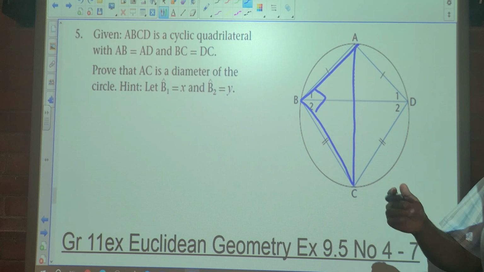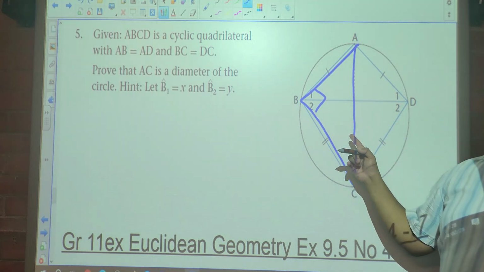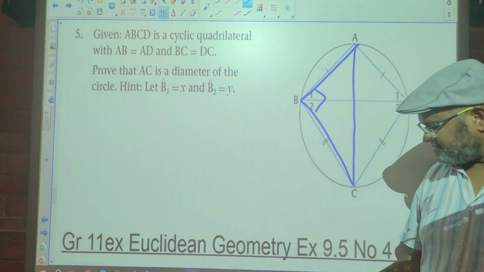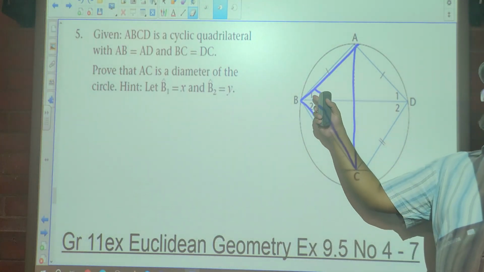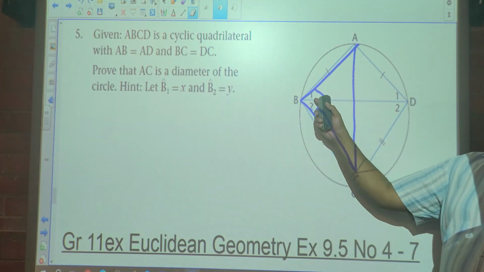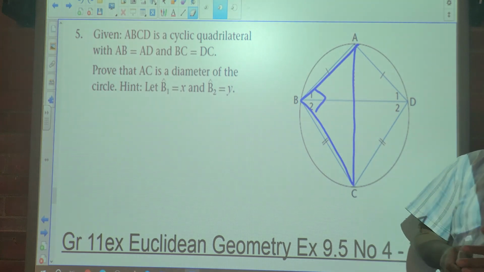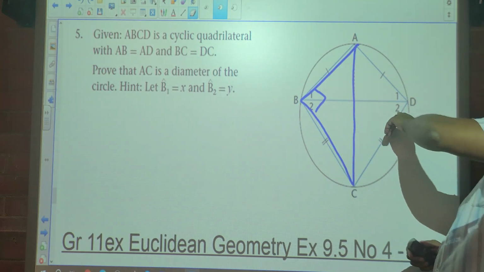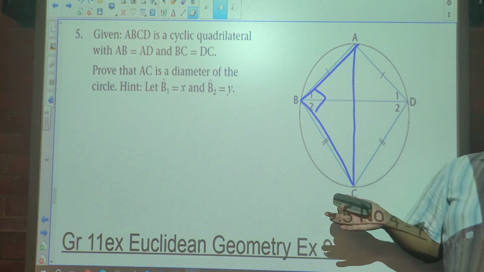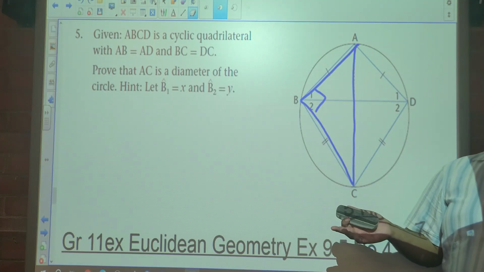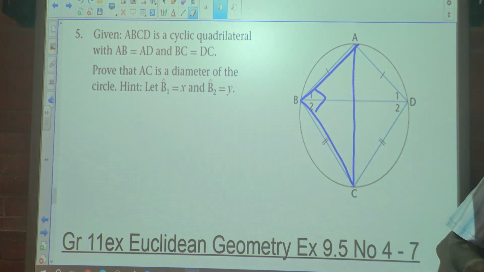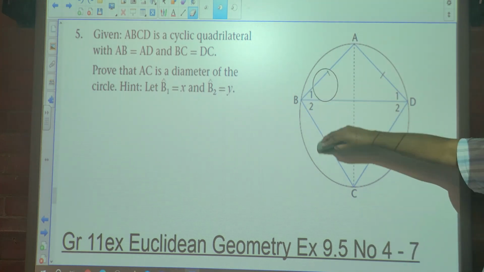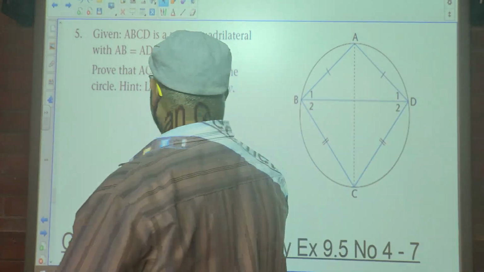So what we're going to prove is that the combination of B1 and B2 is 90, or D1 and D2 is 90, one of the two. If that is 90, then this has to be the diameter. So I'm using angles in a semicircle in reverse.